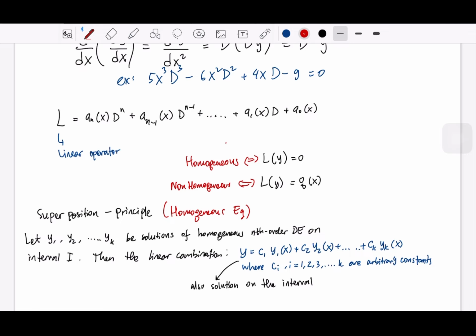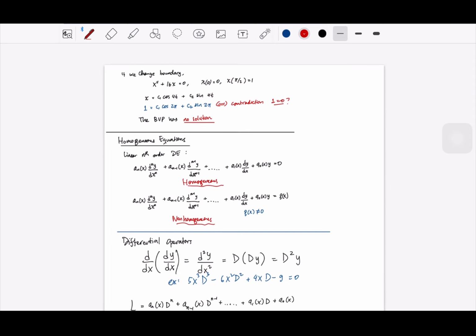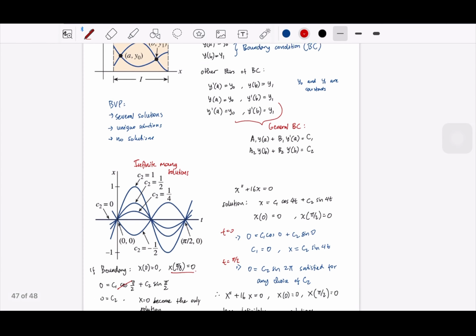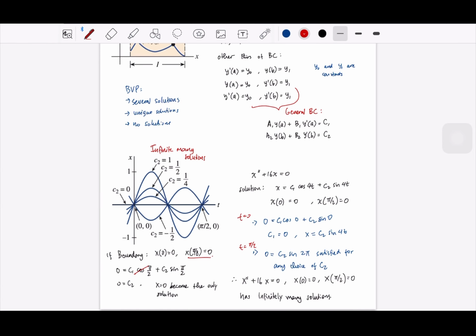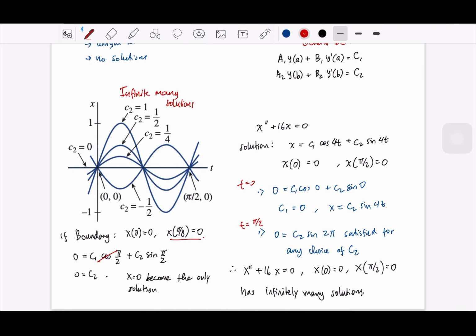Okay, now we have seen that in higher order, especially in boundary value problems, when we limit to the first order problem, we have only one restriction, right?